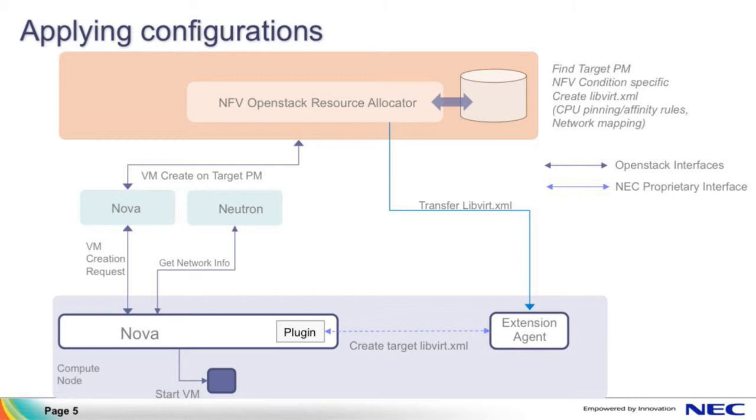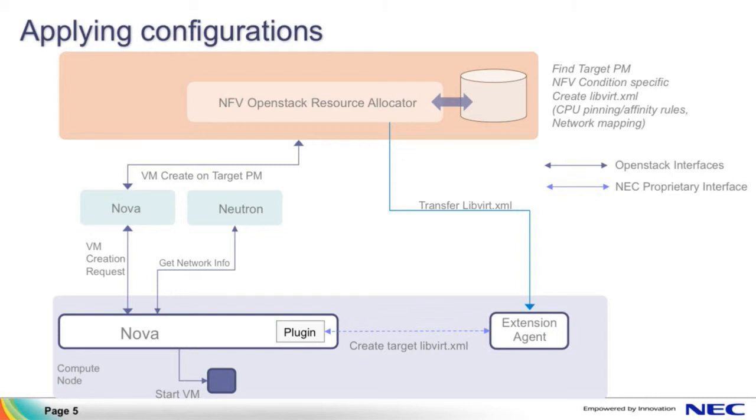So here's our current approach. We are using that same resource allocator, which is able to get all the information and finds out that, for this particular VM, before it boots up, we need to apply a set of configurations. The same agent which sits in the compute node gets the libvirt.xml from that resource allocator, which defines all the configuration assigned for that particular VM.